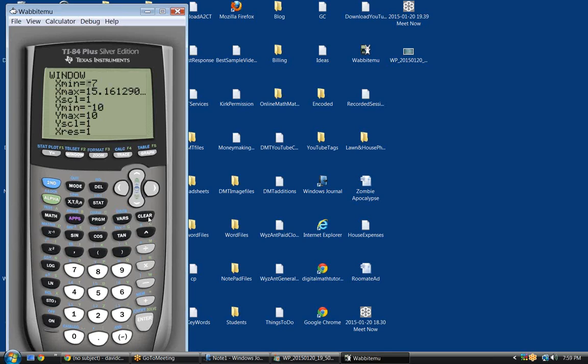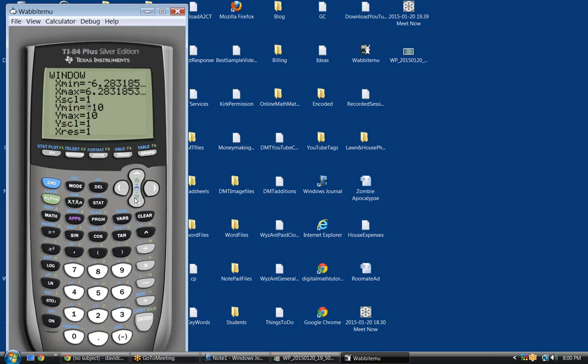Let me clear that. The pi button is above that, so what do I need to do here? I need to do negative 2 pi, like that, right? To 2 pi. And I don't really care what the increments are.